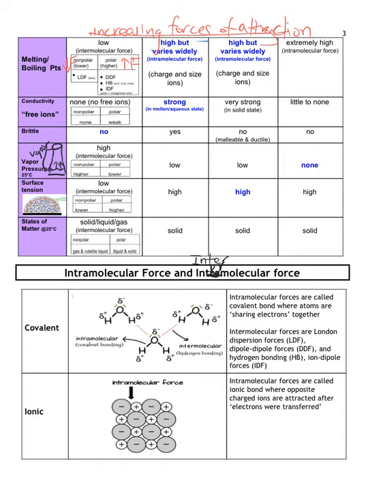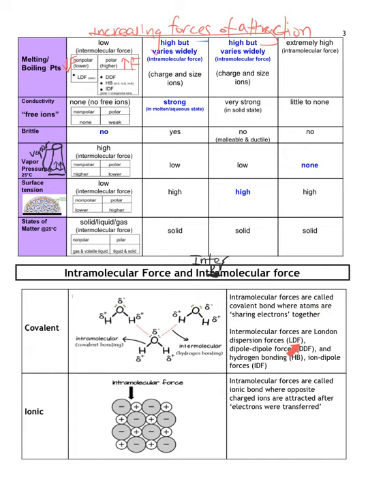Covalent compounds, as we suggested before, have intramolecular forces, which are the bonds that occur between the oxygen and hydrogens. They also have intermolecular forces, which in water are called hydrogen bonding. So intra are called covalent bonds, where atoms are sharing together.